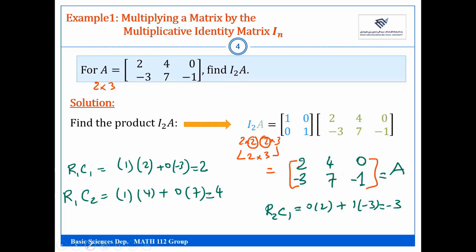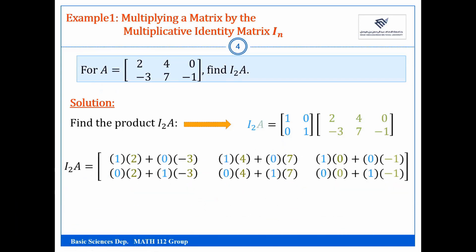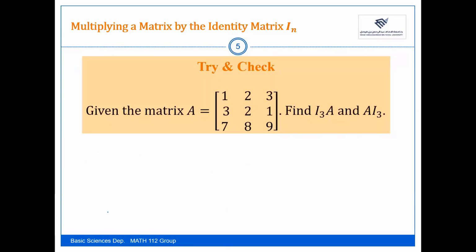Multiplying by the identity gives the same matrix. Agreed? This is the identity matrix for the multiplication of matrices. This is the calculation and this is the result. If you multiply by the identity, there is no need to make the calculation. It's known that multiplying a matrix A by the identity gives the same matrix.